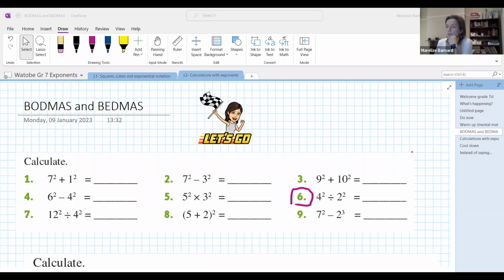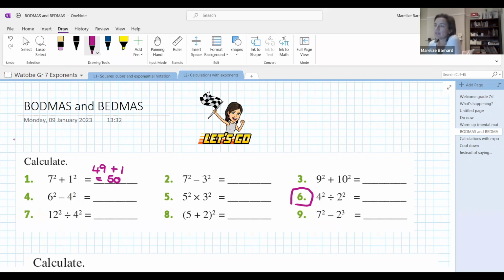Okay, so if we're doing 7 squared plus 1 squared, we work out what 7 squared is. That's 7 times itself, right? Which is 49. And then 1 times itself is 1. And what is 49 plus 1? That's 50.